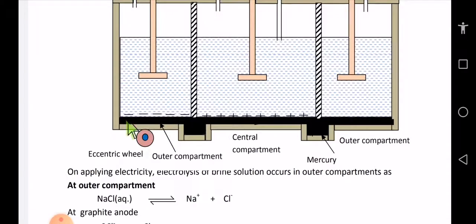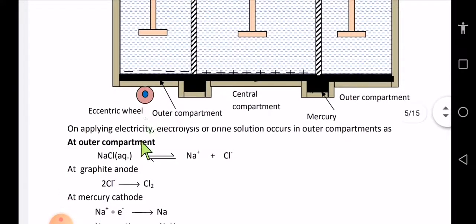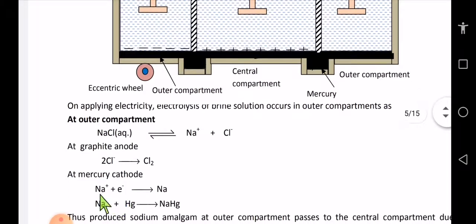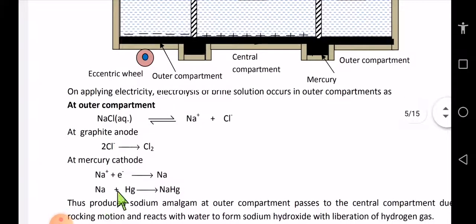Na plus migrates towards this mercury cathode, where it gets discharged by accepting an electron into Na, sodium metal, which further combines with the mercury to give a homogeneous mixture called sodium amalgam.